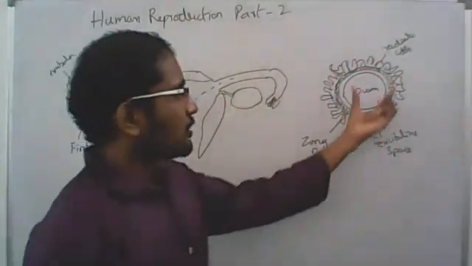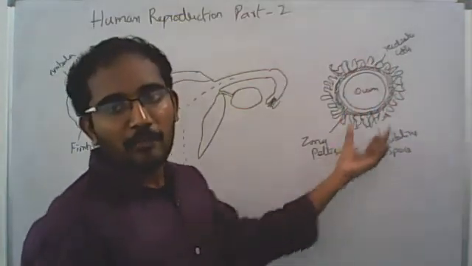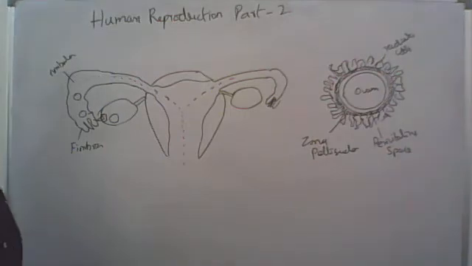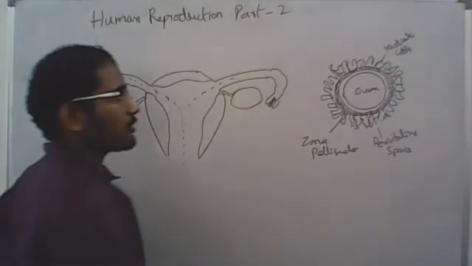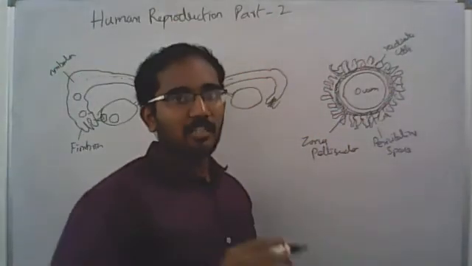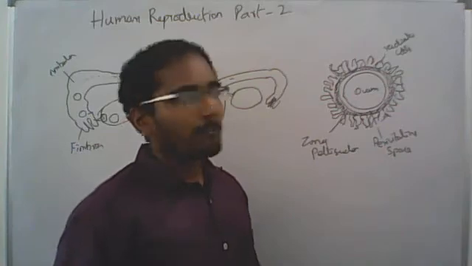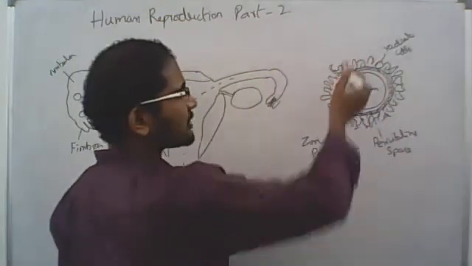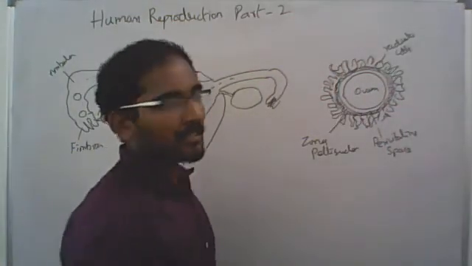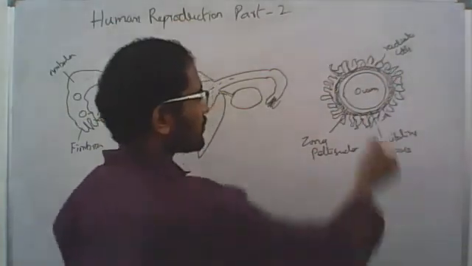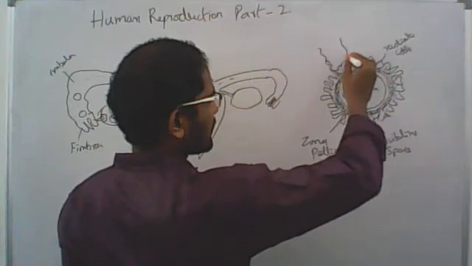Okay. So if this ovum has a chance to meet the sperm in the fertilization site, the ampulla, then as we already discussed, millions of sperm are ejected from the male. There will be a chance that several thousands of sperm reach the ovum at a certain point.